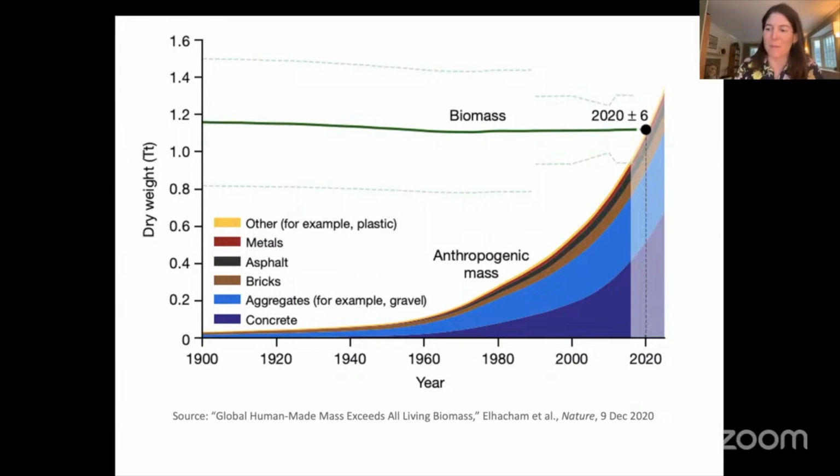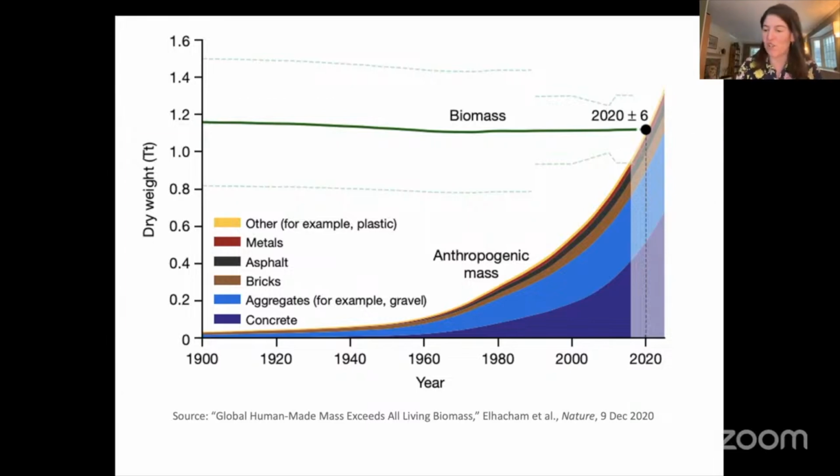This is represented as biomass, which is the dry weight of all plants, animals, fungi, bacteria, archaea, and protists on the planet. These scientists believe that as of 2020, we were at the tipping point, or rather the crossover point, where the weight of anthropogenic objects and artifacts on Earth is about equal to the weight and mass of all living things on Earth. So whether or not we call this the Anthropocene, we're living in a time of rapidly changing relationships with other species.